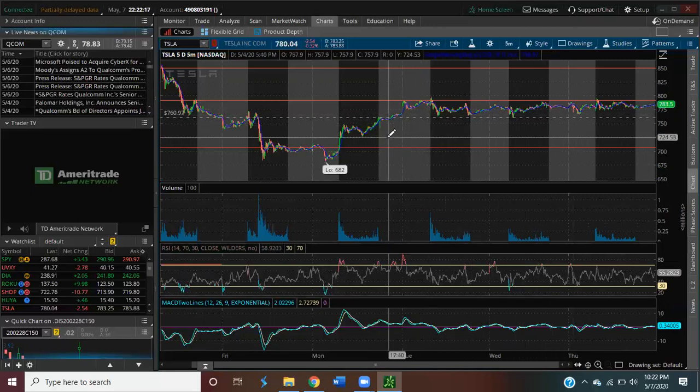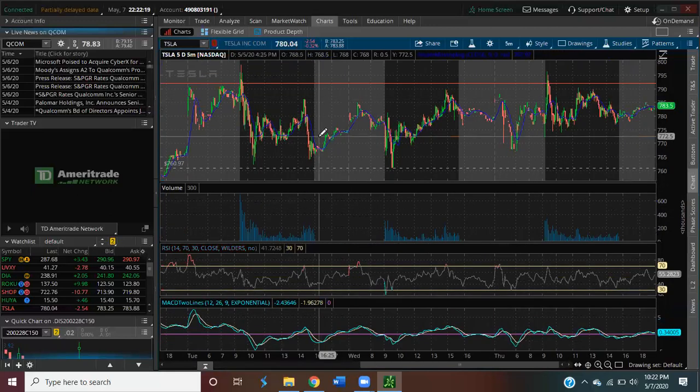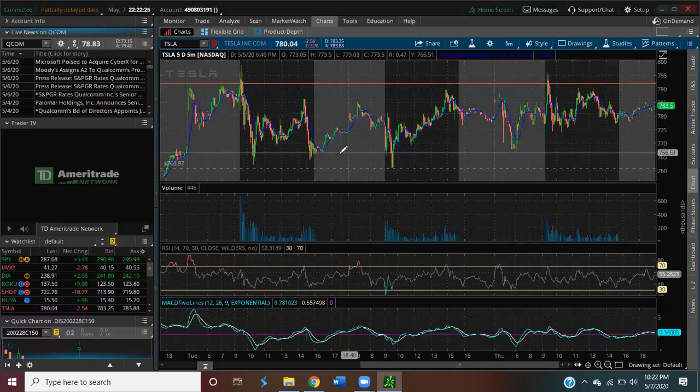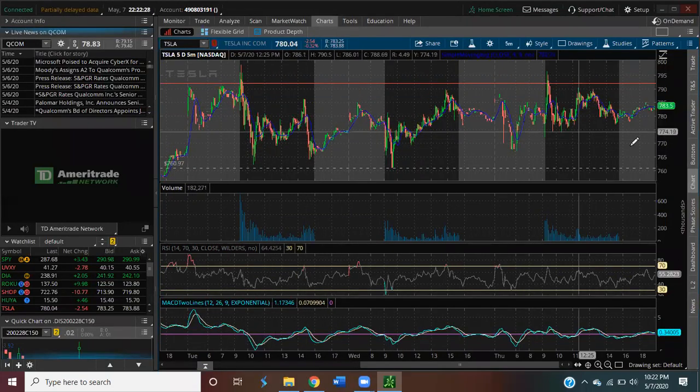Because it hasn't really dropped below 760. Yep. It couldn't drop below 760. It was getting down here, pushing right back up. You have 2 days in a row where it tried to break below 760 and couldn't. So that's your support right there.